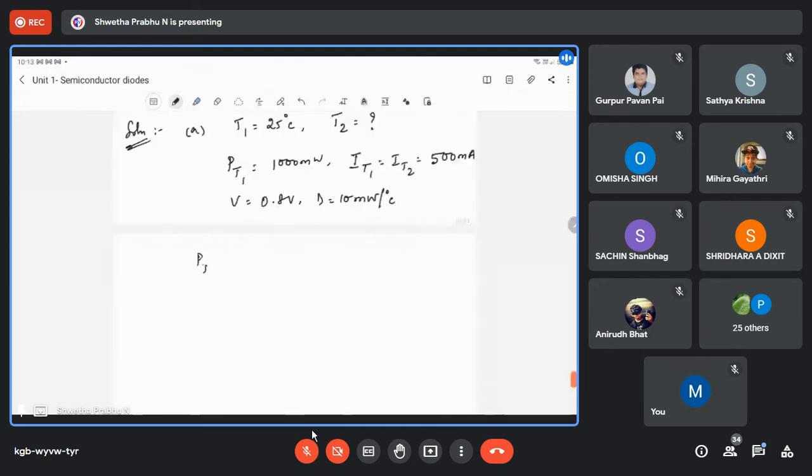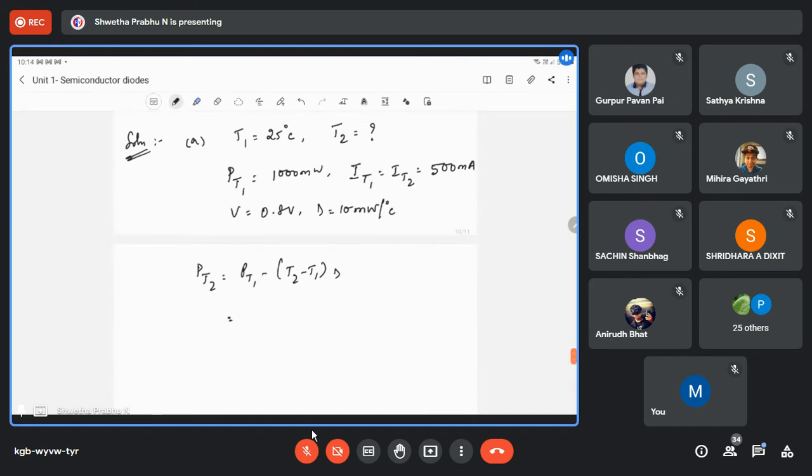So use the relation PT2 equals PT1 minus (T2 minus T1) into D. Substitute. First you need to find PT2.